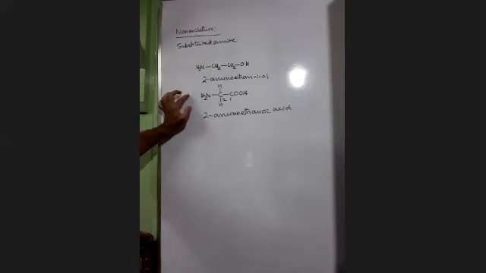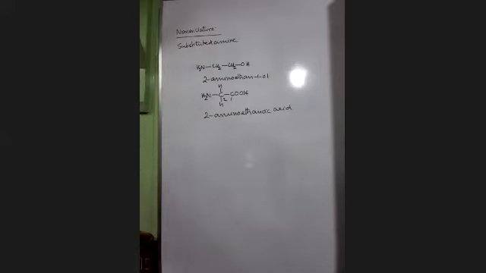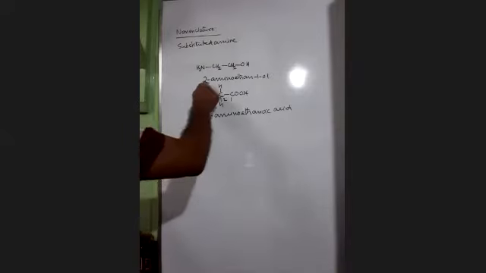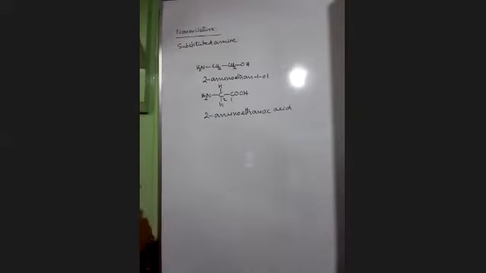Just like if you consider the OH group as a substituent, then we will call it 2-hydroxy. Okay. 2-aminoethanoic acid. See here, 2-aminoethan-1-ol. Can you rub?